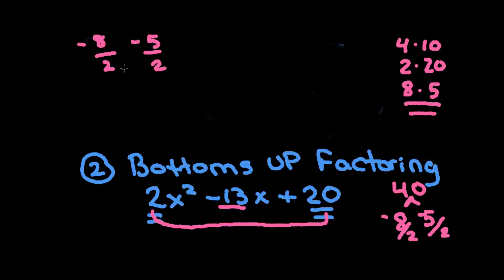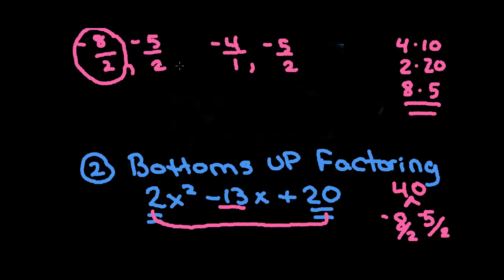So now I'm going to reduce, put these in simplest form. This reduces down to negative 4 over 1, and the negative 5 over 2 doesn't reduce. I reduce them so that I leave them still as fractions, even though it reduces down.